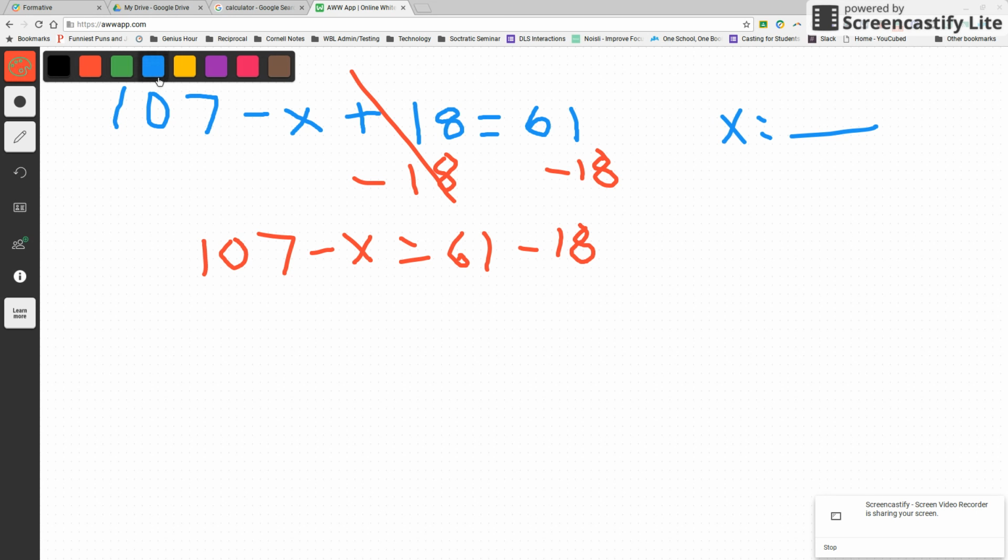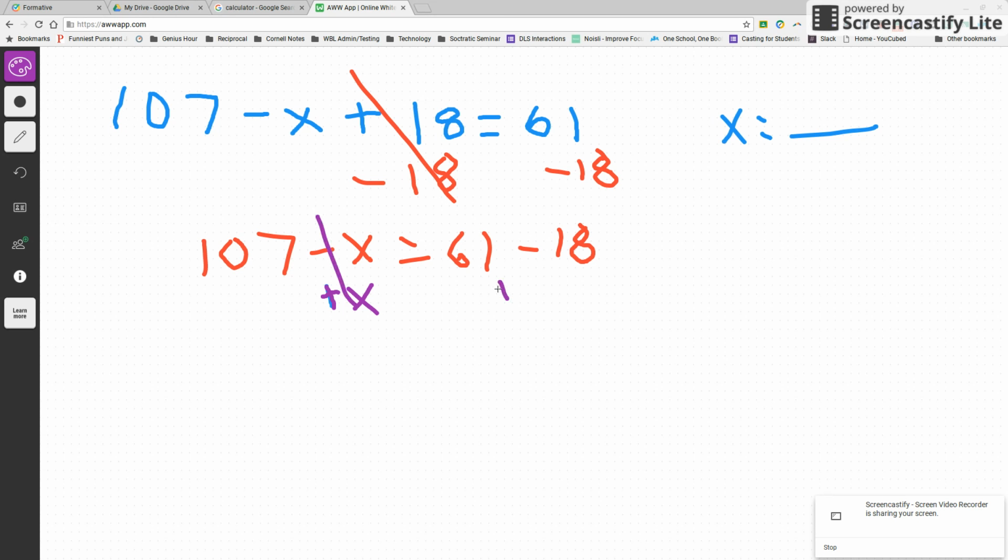Okay, so watch what I'm going to do here. I'm going to actually get rid of the x and move the x to the other side. Sometimes we have to move an x to one side and then shift things back. It's all like a puzzle. So I'm going to switch colors. I've already used that blue. Let's use purple. So if I'm taking away x, I'm going to add x.